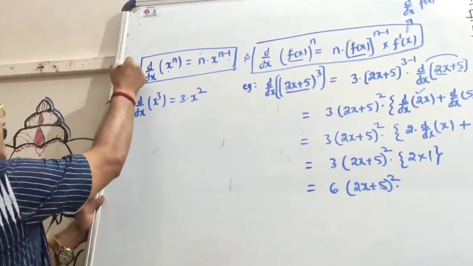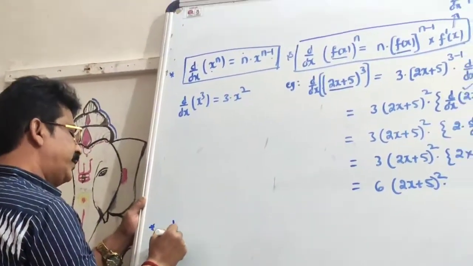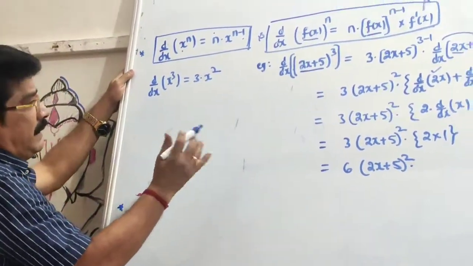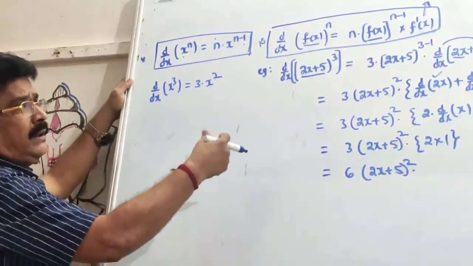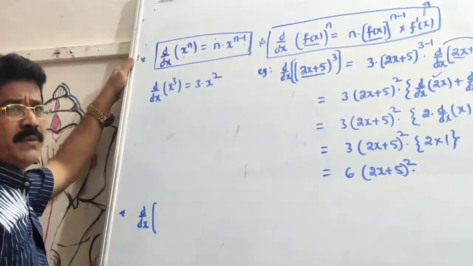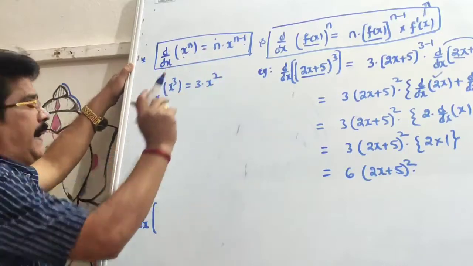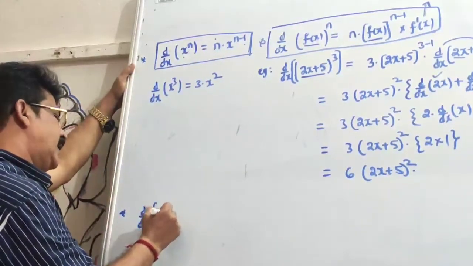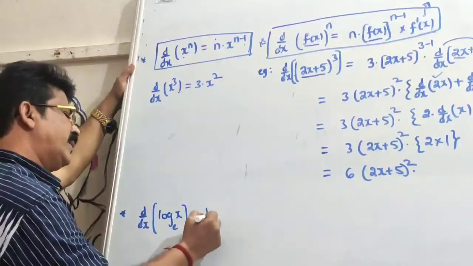Okay, next one. You can take instead a root of something also. I will show the different solutions in the exercise problems, so don't worry about that. Just take one example for each formula. d by dx of log x to the base e is 1 by x.